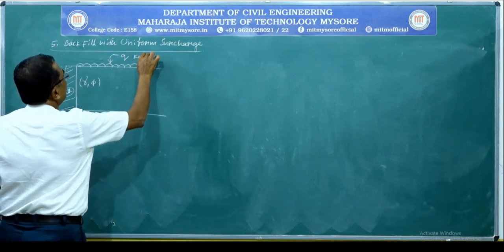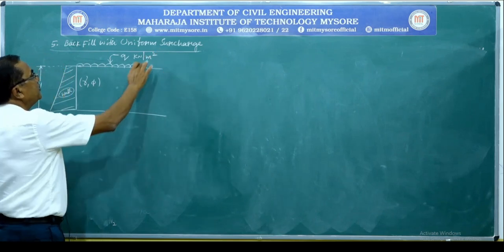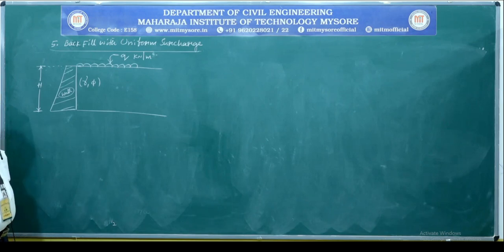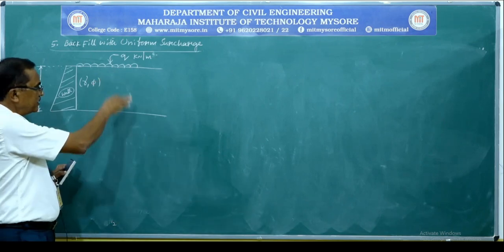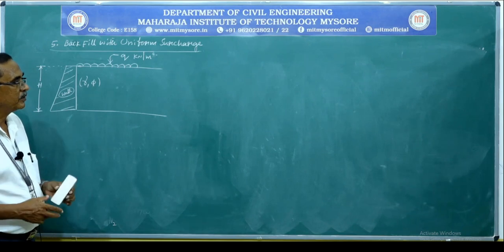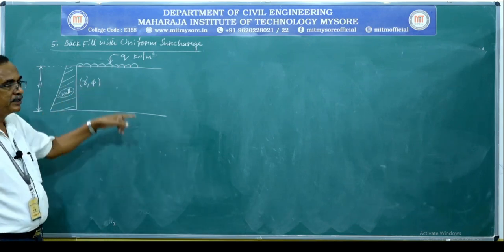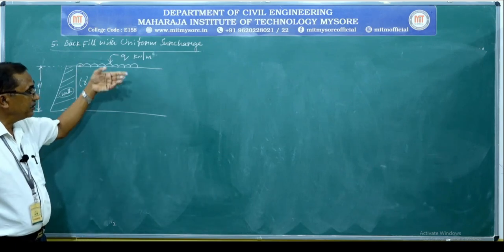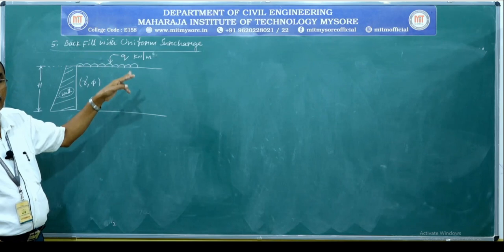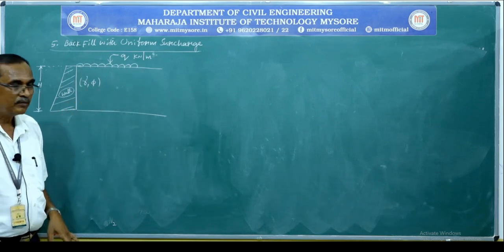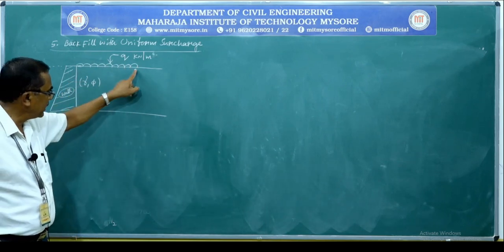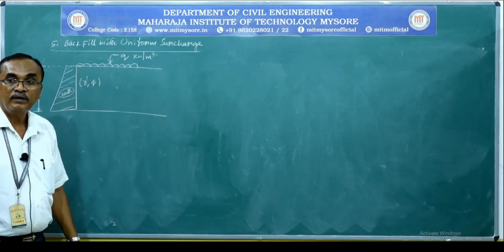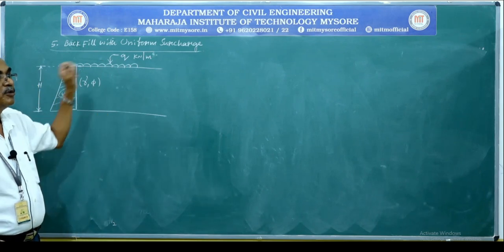This is kilonewton per meter squared. So whenever we come across the uniform surcharge, the additional calculation to be made here is that earth pressure is already acting. In the previous cases, earth pressure at the top of the wall is 0. But because of this surcharge load already acting on the backfill, this surcharge load is to be considered along with the other coefficient.